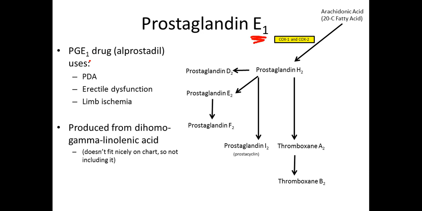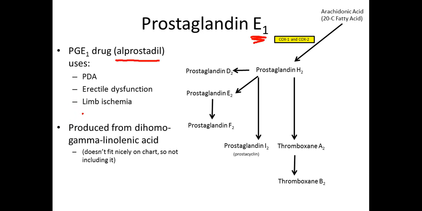So prostaglandin E1 is going to be used because it has an actual drug clinical correlation. Alprostadil is going to be its drug name. And what it's going to be used for is it's going to promote a patent ductus arteriosus. It's going to have some role in helping with erectile dysfunction, helping correct limb ischemia.